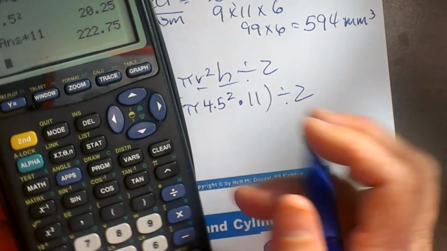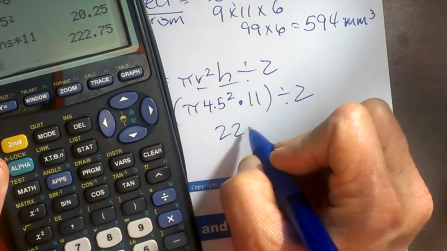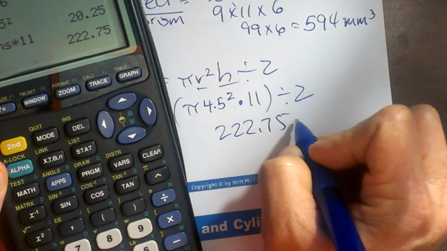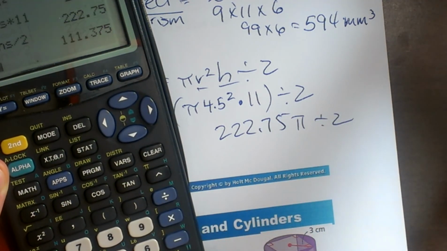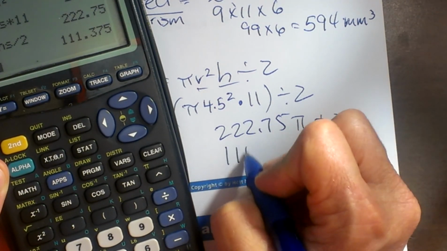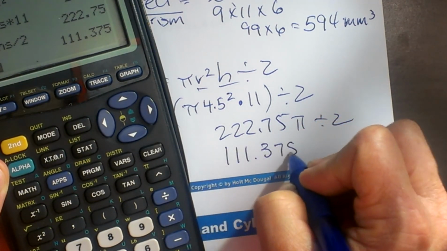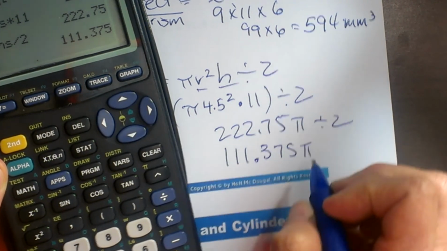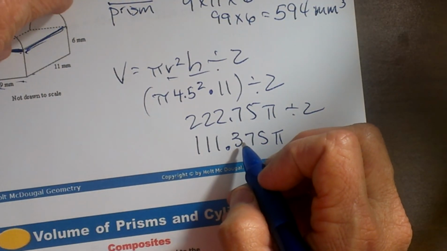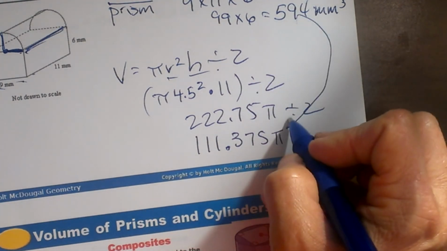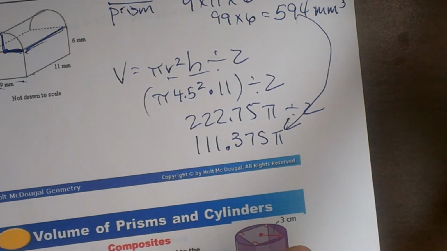That's going to give me 222.75 pi divided by 2. So let's just divide that coefficient by 2. And that's 111.375. And I still have my pi in there. Okay? So that is the volume of that cylinder part. Now we've got to take these two and do what? Add them together.